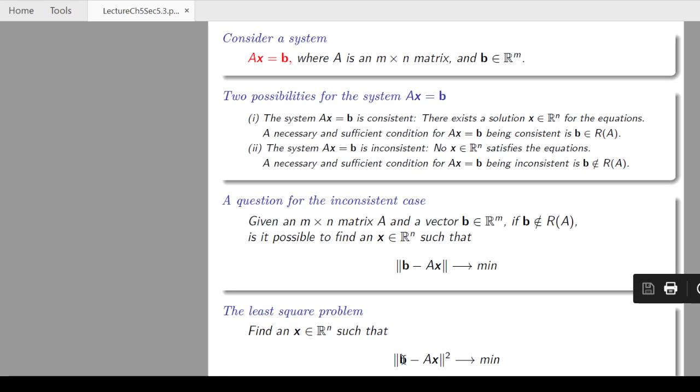Here we have this distance square, so that's the square. Least is because we want this distance square to be the smallest. So that's why we call this the least square problem.